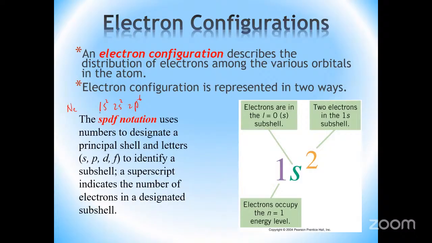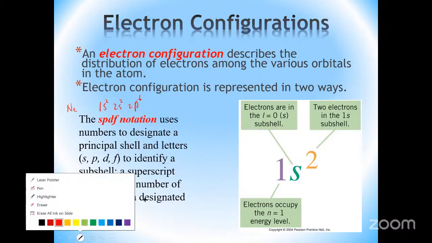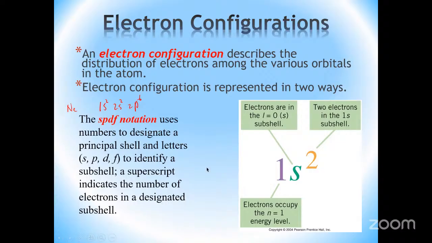What this is saying is that within the first shell, you have 2 electrons in the s subshell. In the second shell, you have 2 electrons in the 2s subshell and 6 electrons in the 2p subshell. So that's basically how you interpret the SPDF notation when it comes to writing down the electron configuration.